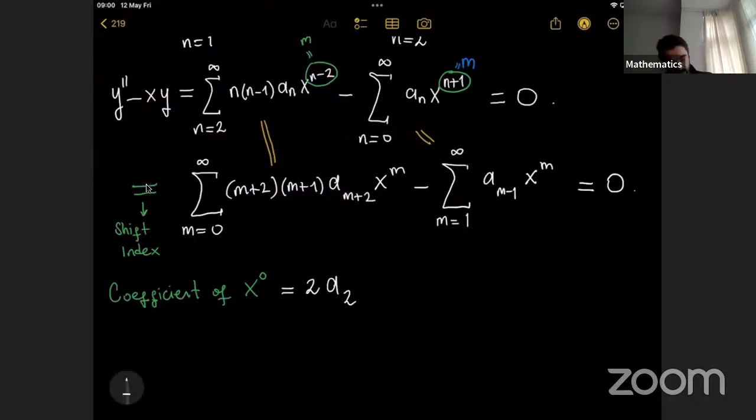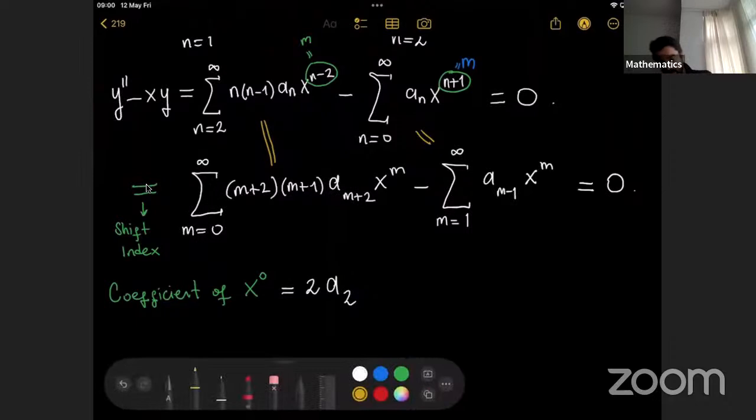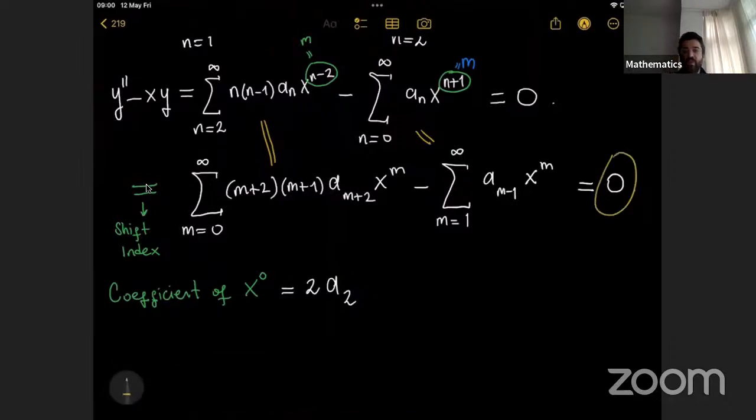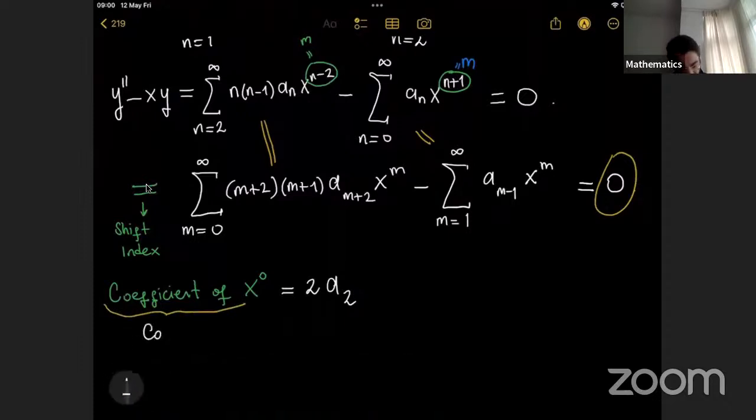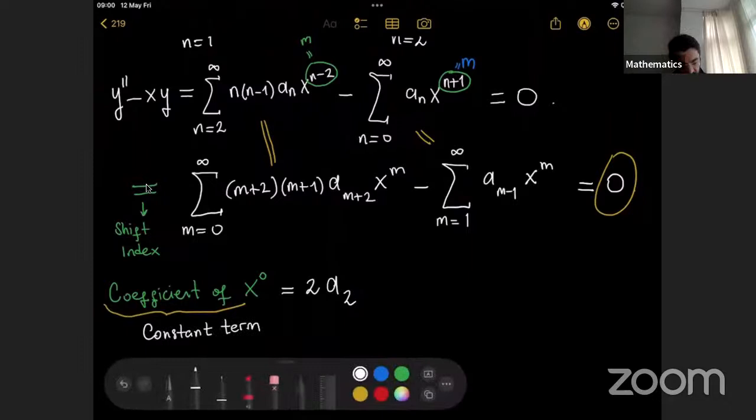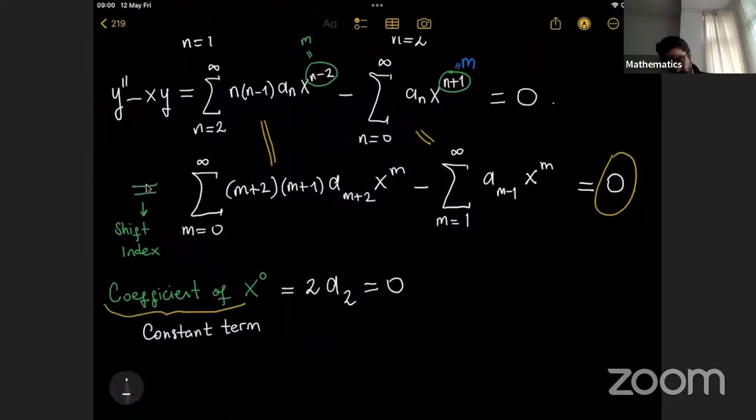On the right-hand side, x to the 0 is the constant term in the power series. The constant term in the power series is 2 times a2, but on the right-hand side, the constant is 0. That means it's equal to 0, okay?